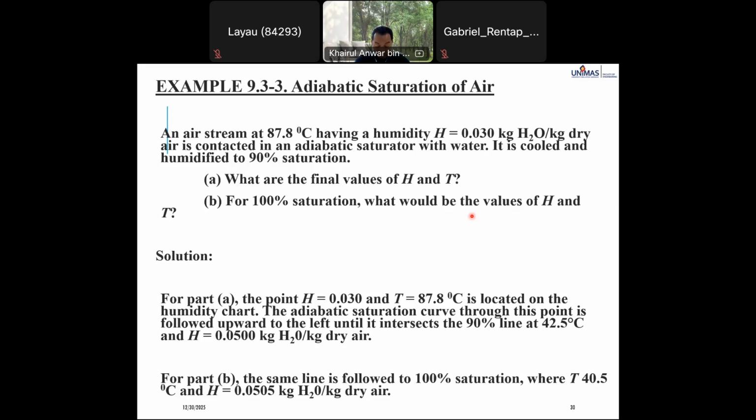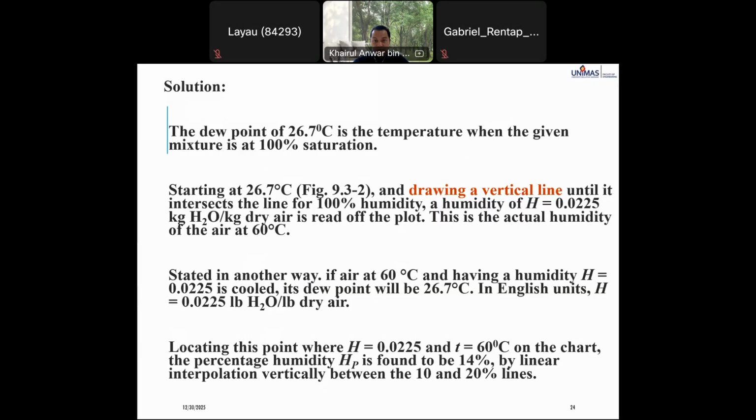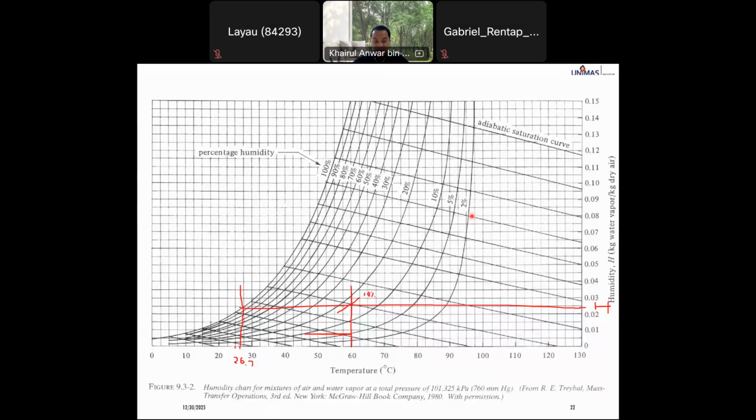So for solution part A, the point H equal to 0.03 and T equal to 87.8 is located on the humidity chart. So this is 0.03 and 87.8. 87.8 will be here.